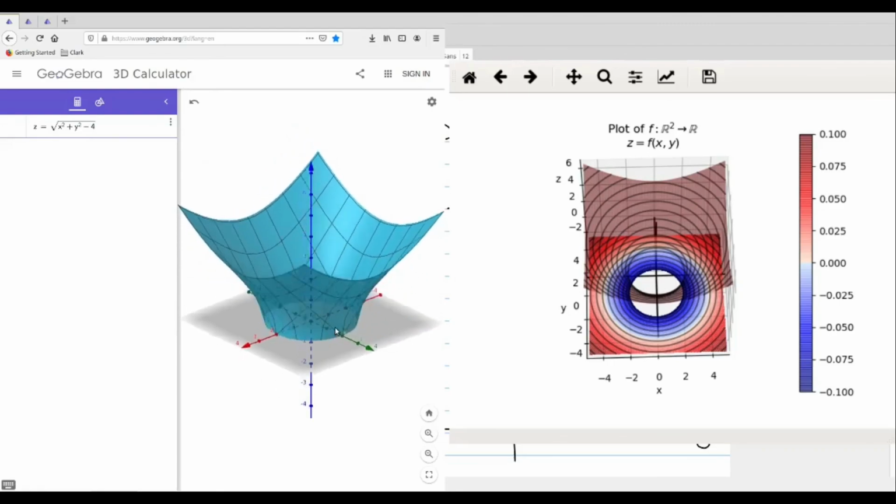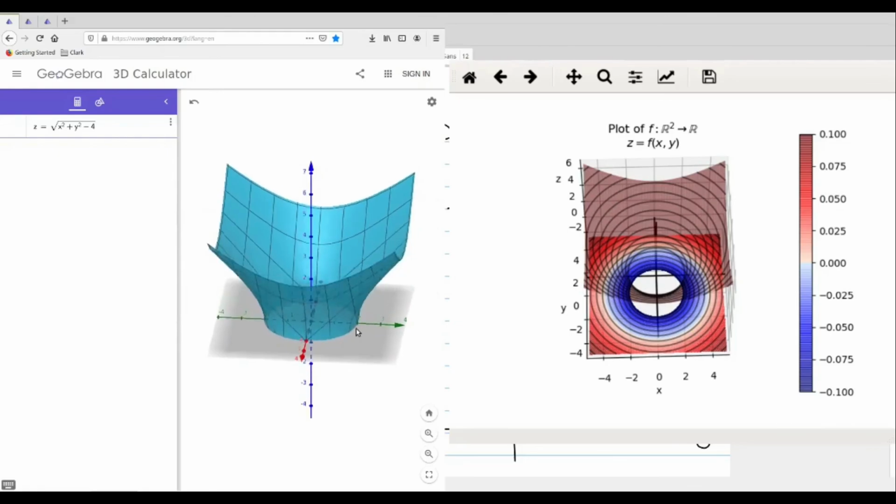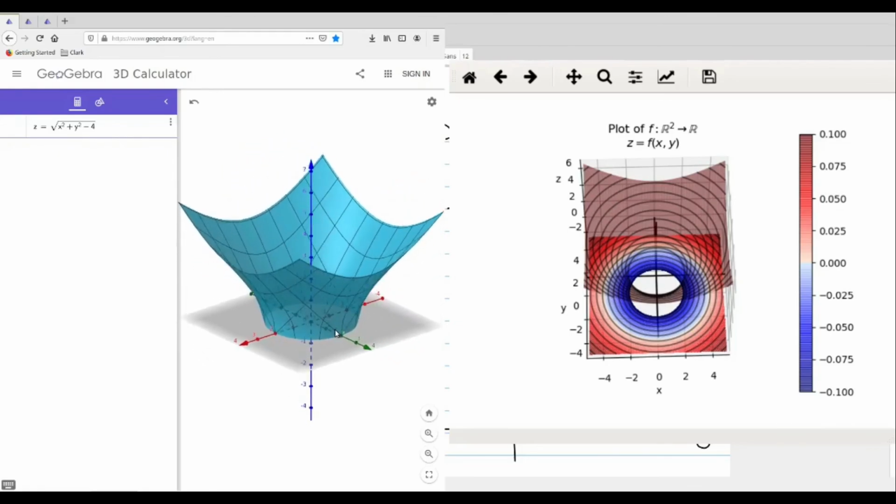This is a plot of what's called the graph of the function. This is a big concept that we're going to be talking about: at every single point in the xy plane, any xy point you choose, the z coordinate gives the value of the function at that point.